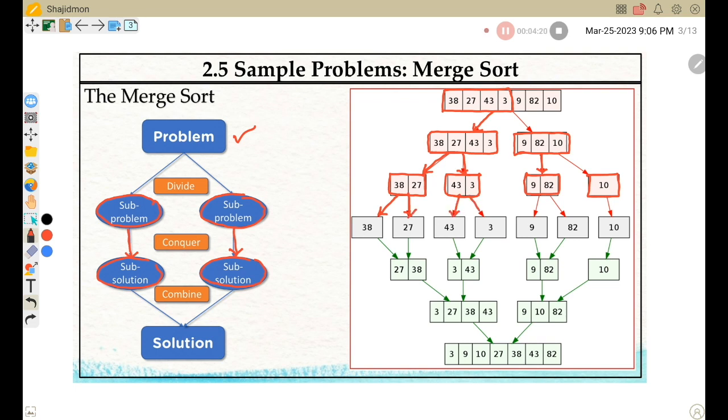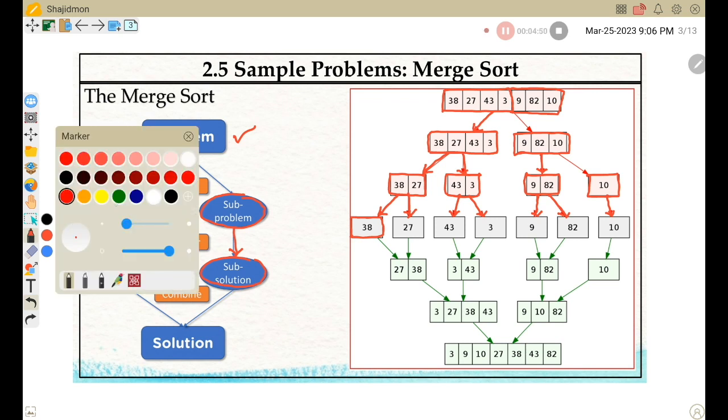Likewise 43 and 3, and 9 and 82 are divided, and lastly the single element is kept. So when we get an unordered list, we split it in half into 2 lists, then keep splitting until we have 1 element each: 38, 27, 43, 3, 9, 82 and 10.